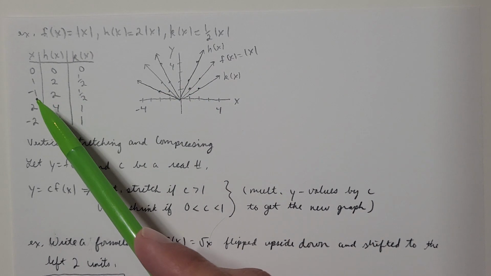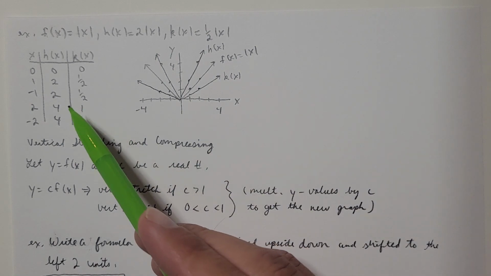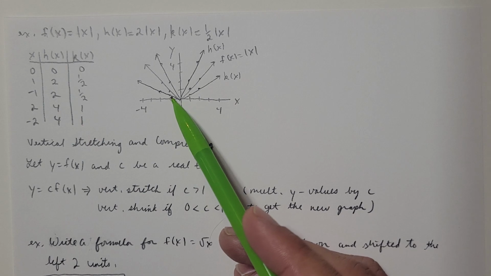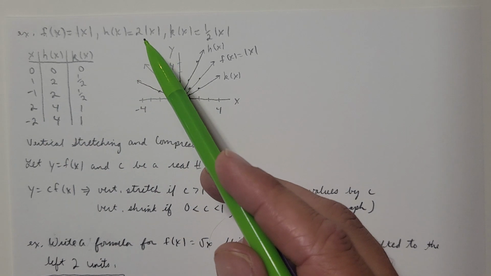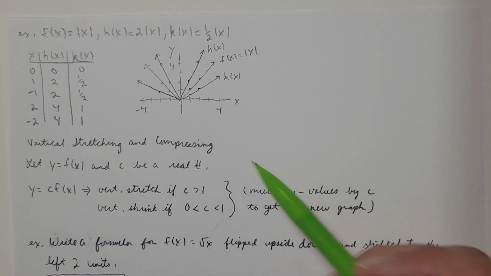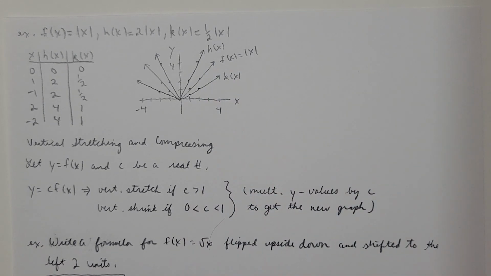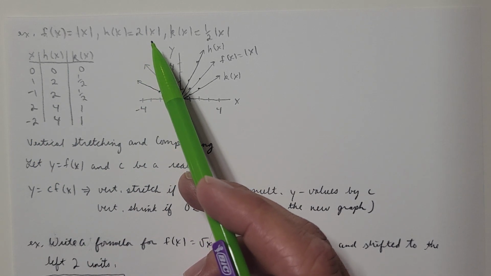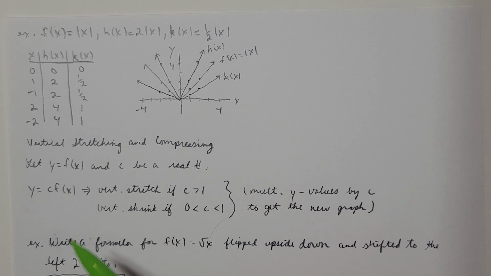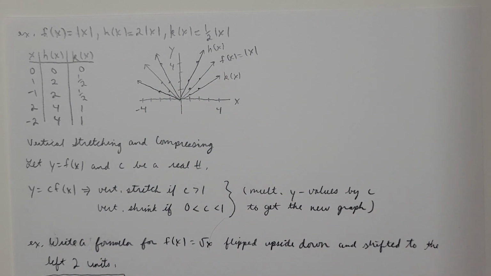If x is negative 1, the absolute value of negative 1 is 1, times 2 is 2. So the point negative 1, 2, that point is on the graph. If x is 2, 2 times 2 is 4. Okay, and so the point 2, 4 would be on the graph. And then if I let x be negative 2, the absolute value of negative 2 is 2. 2 times 2 is 4. So there's the point negative 2, 4 on the graph.